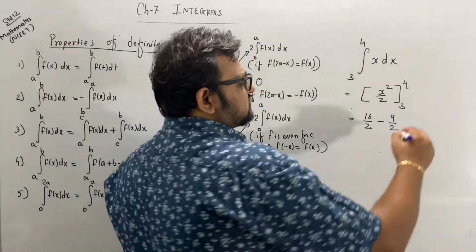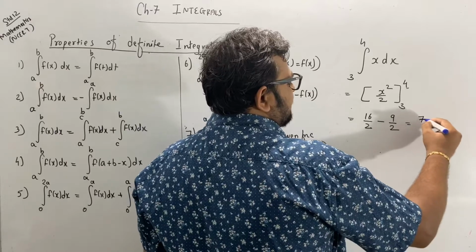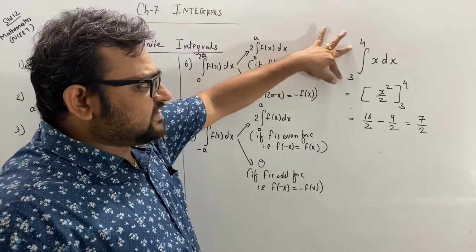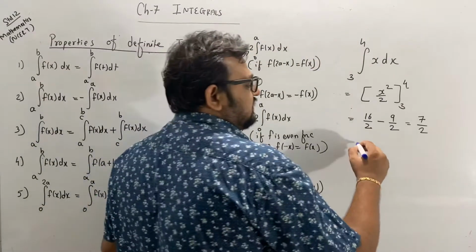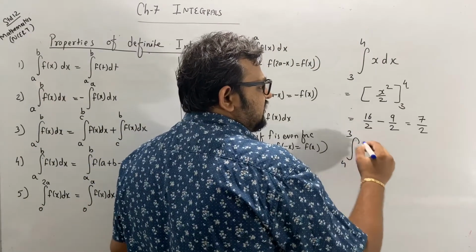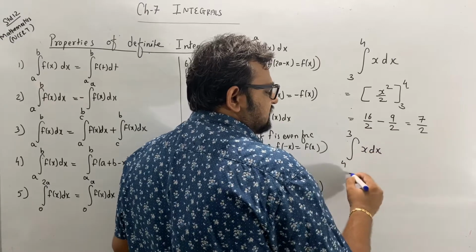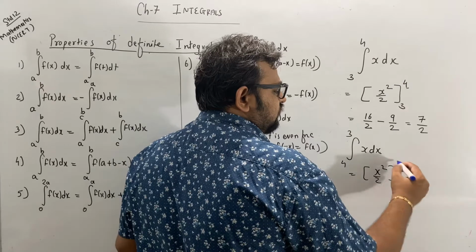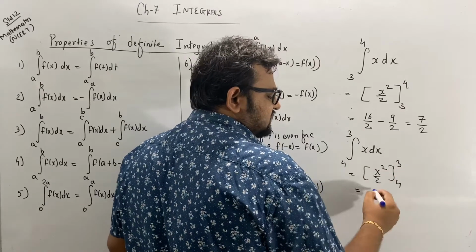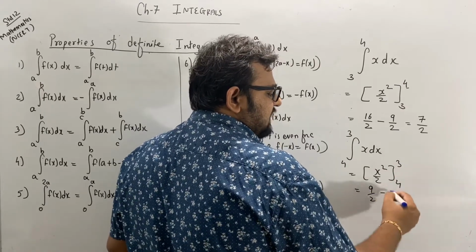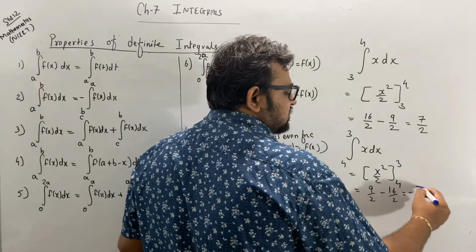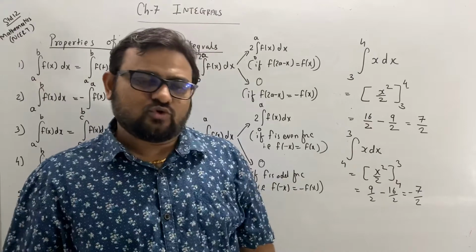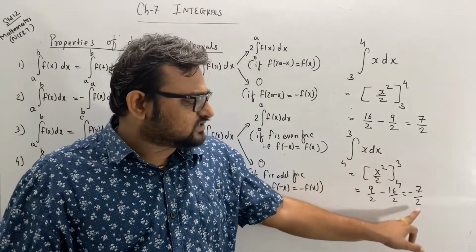This will be equal to 16 minus 9, that is 7 by 2. Clear? Now let's change the limit. See, 4 to 3 x dx. This will be x square by 2, 4 to 3. So this will be first 3 square, 9 by 2 minus 16 by 2. This will be minus 7 by 2. Clear? See, this is 7 by 2, this is minus 7 by 2.